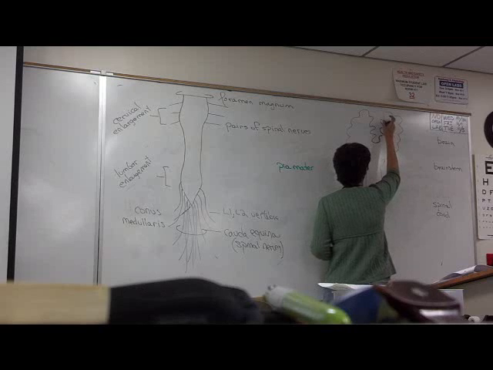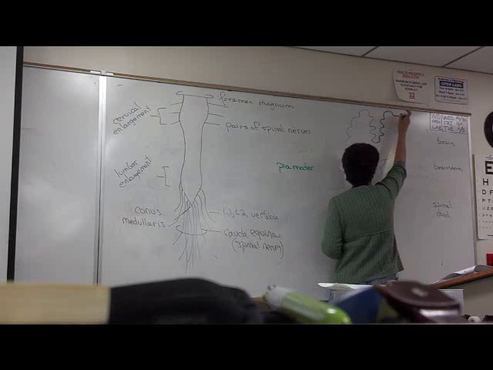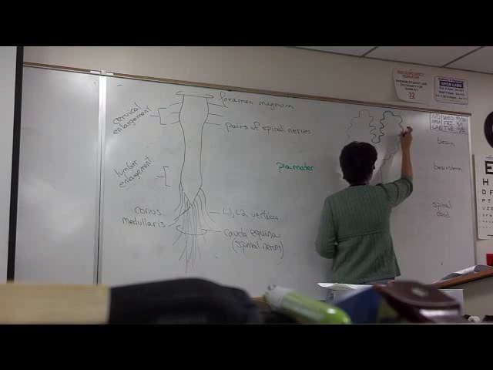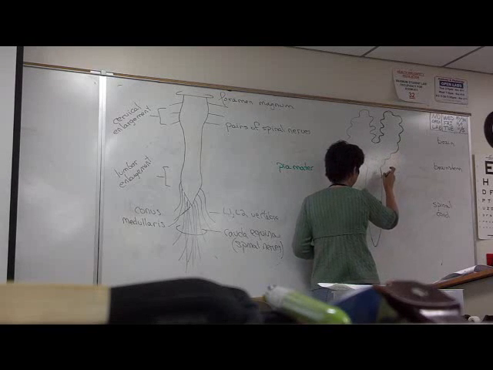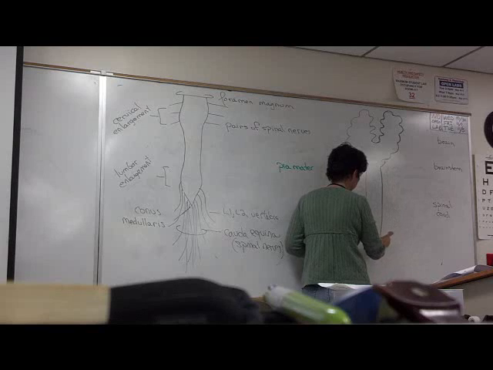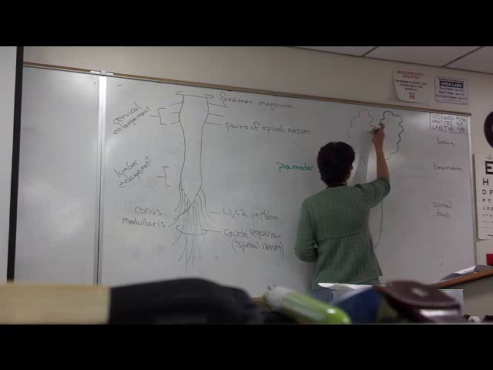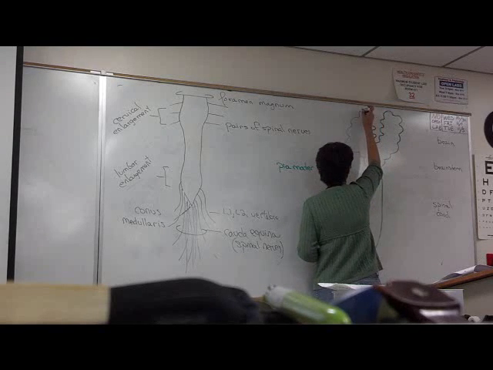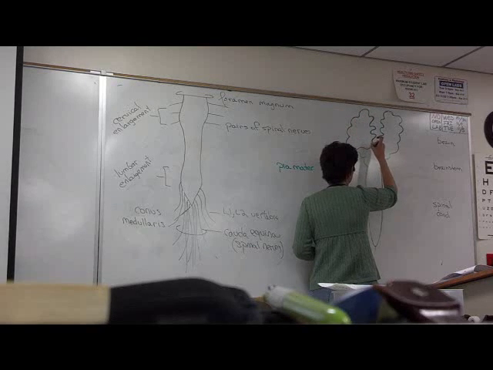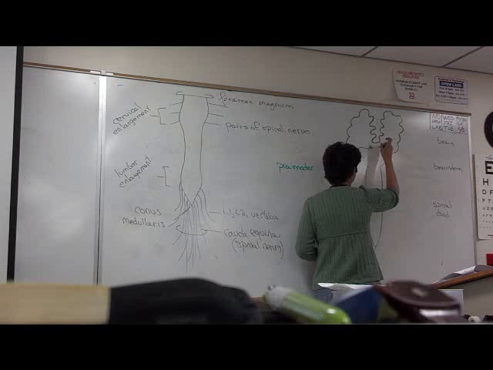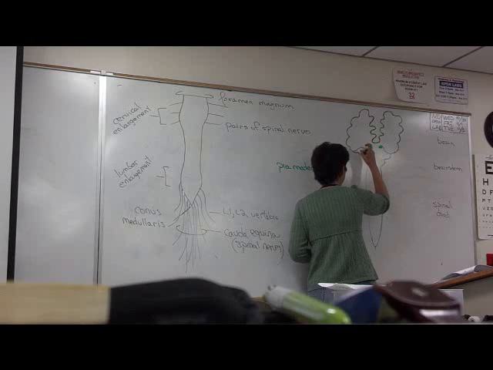It's going to go into all the folds. It's going to come down the spinal cord. It's even going to get folded into the brain and into the ventricular area. We'll come back and talk about that in a moment.